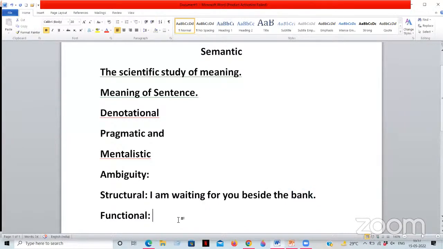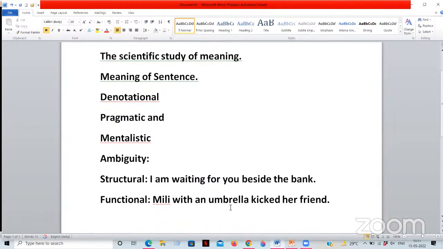Now let me give another example in functional. See this example: Millie with an umbrella kicked her friend.